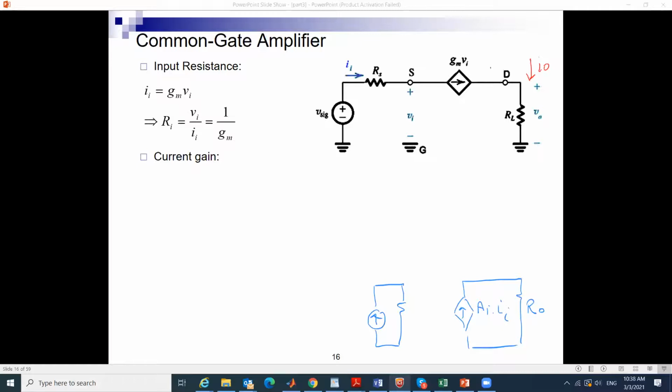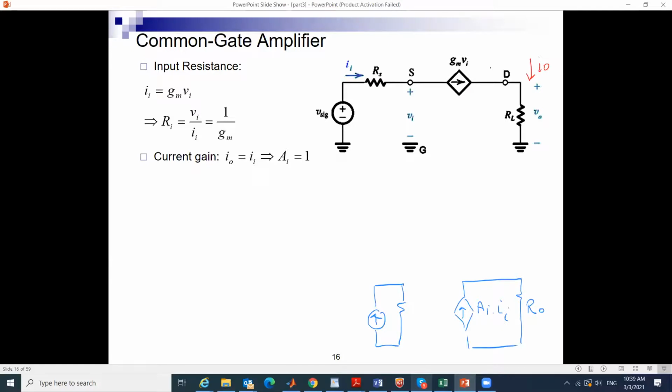So what is IO over IN? It is 1. Therefore, the current gain of this circuit is AI equals 1. This circuit acts as a current buffer.